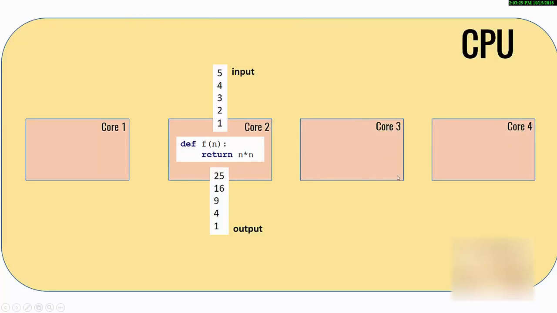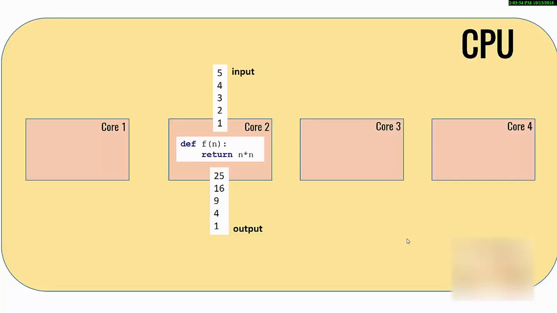These cores are nothing but processing units present on your CPU, or central processing unit. Nowadays, most computers come with multiple cores, so it is very likely you will have multiple cores. You might have 2 cores or 4 cores based on the kind of configuration you have. But let's assume you have 4 cores here.